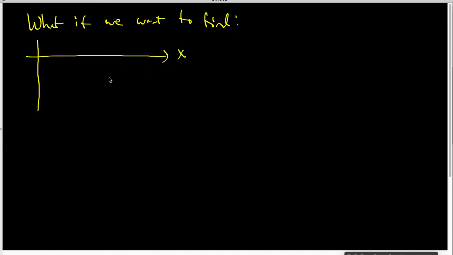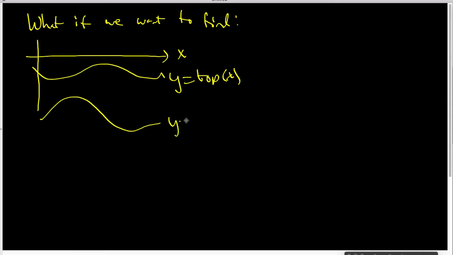Our third case is this scenario. So what if we want to find this area? Here I'm going to have both my top function and my bottom function below the x-axis.